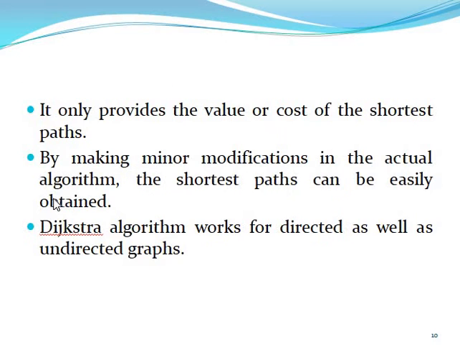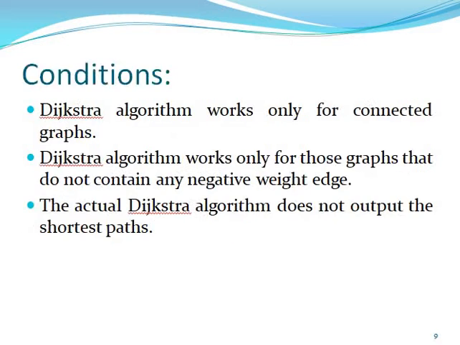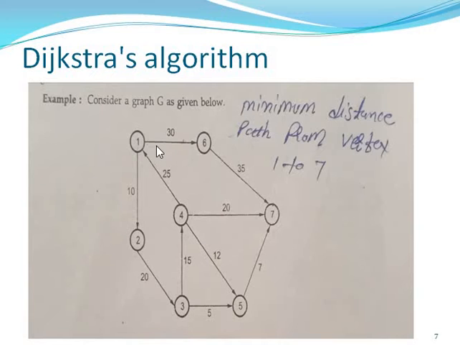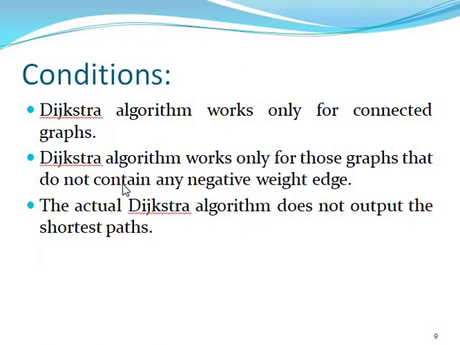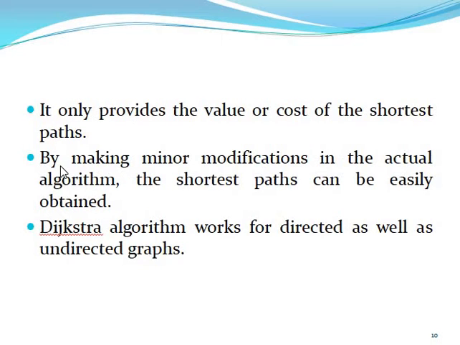It only provides the value or cost of the shortest path. You can find the cost of the particular path, and by making a minor modification in the actual algorithm, the shortest path can easily be obtained.